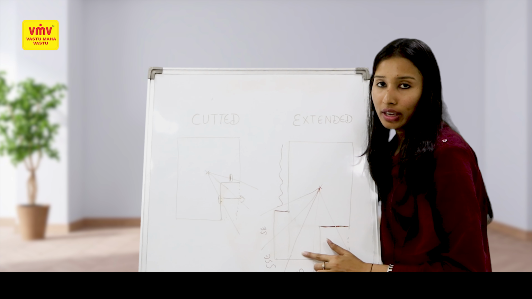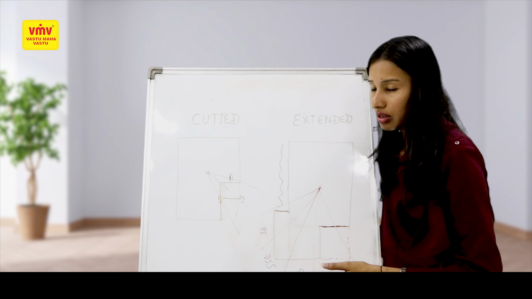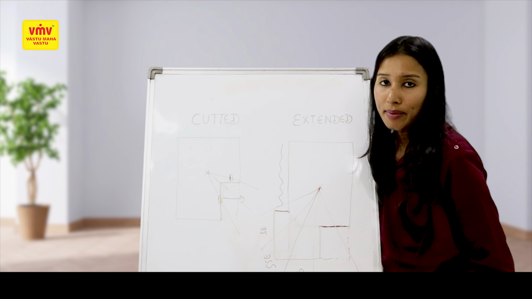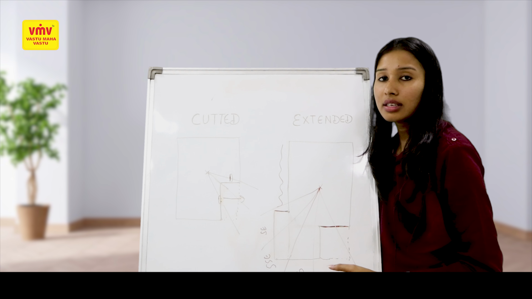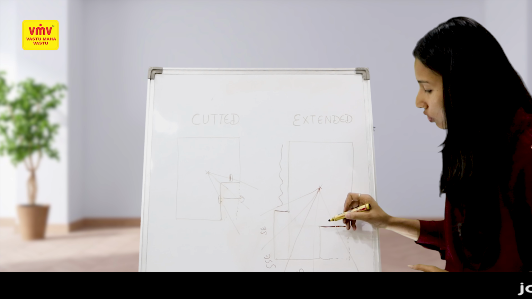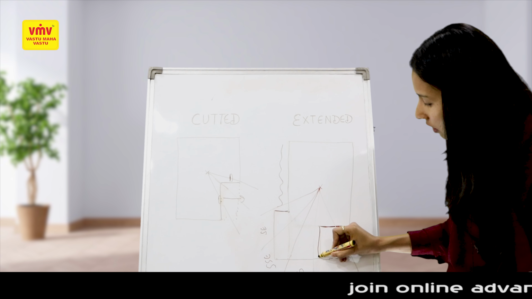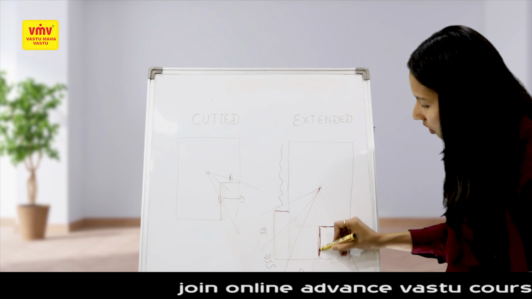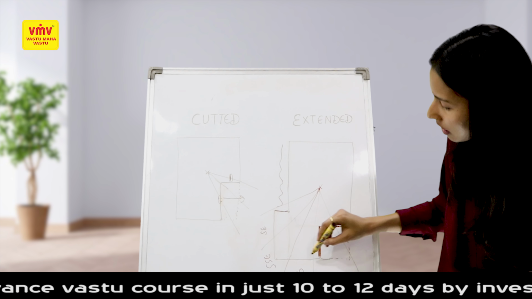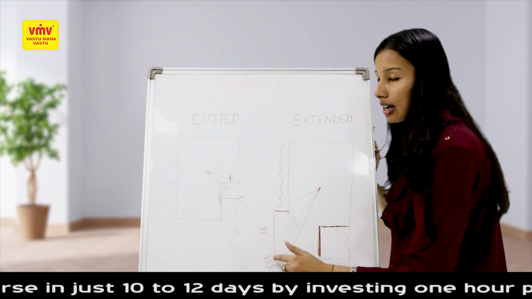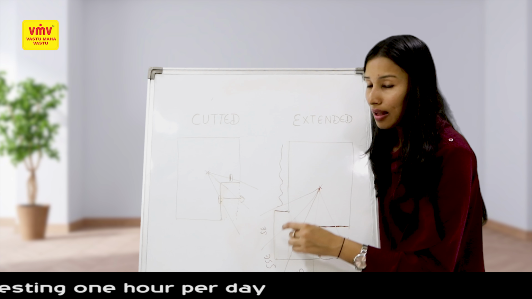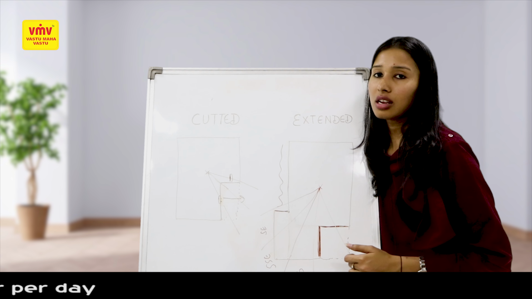These 3 zones are of the fire element. For the fire element, the father is the wood element and the sun color is the earth element, the yellow color. So in this portion we will suggest painting yellow color on the skirting portion completely like this. Yellow color on the skirting and yellow color on the floor, 3 inches on the skirting and 3 inches on the floor. The yellow color will balance this extension part.